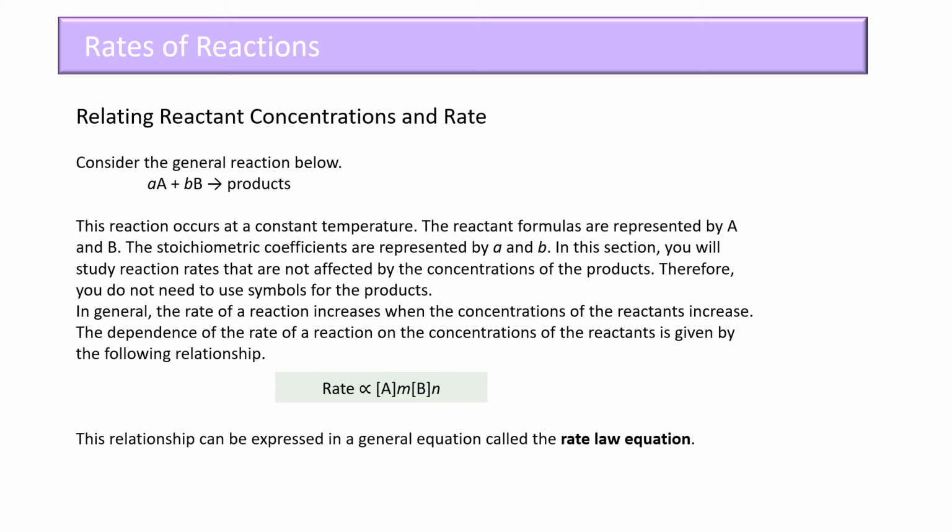The rate is proportional to the concentration of A to the power m times the concentration of B to the power n. This relationship can be expressed in a general equation called the rate law equation.